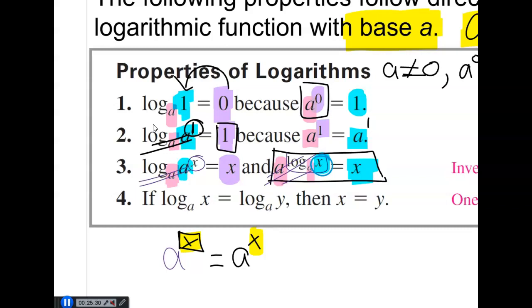And so those properties are very useful. Make sure you do learn them, make sure you write them down, and then make sure you refer to them when you're doing your homework.